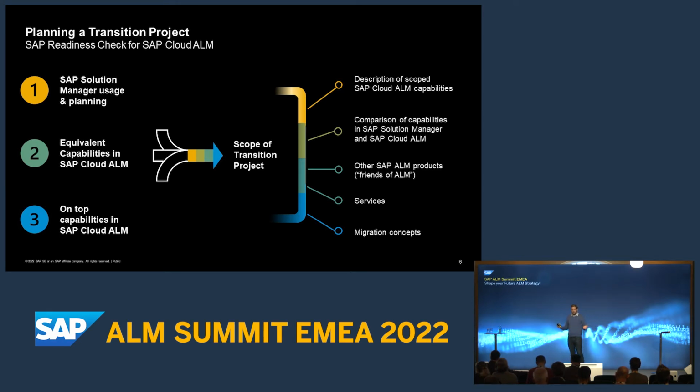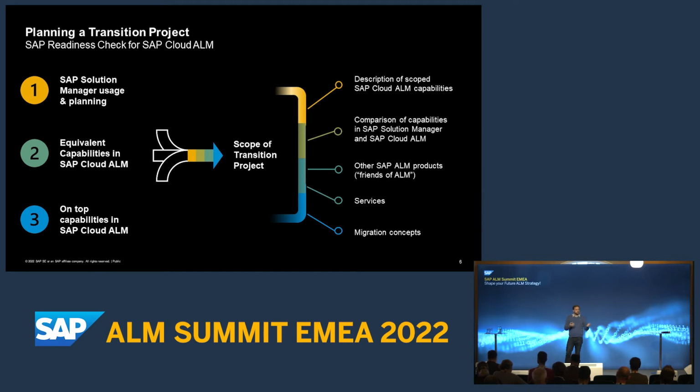Another question may be where to find all necessary information for these capabilities. We know in SAP we have a lot of sources of information, so we make sure that we consolidate all of this, and next to each SAP Cloud ALM capability, we will offer a lot of information by giving you the links to get all of it.